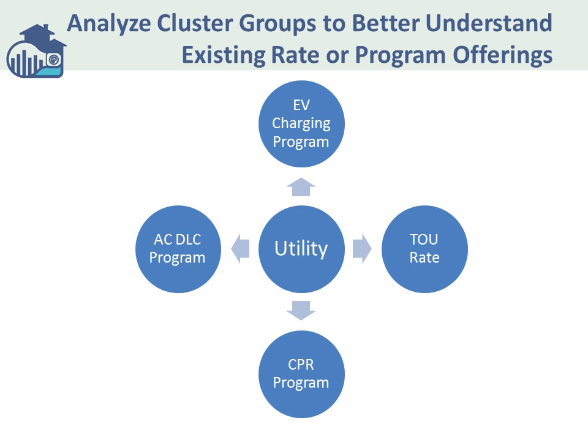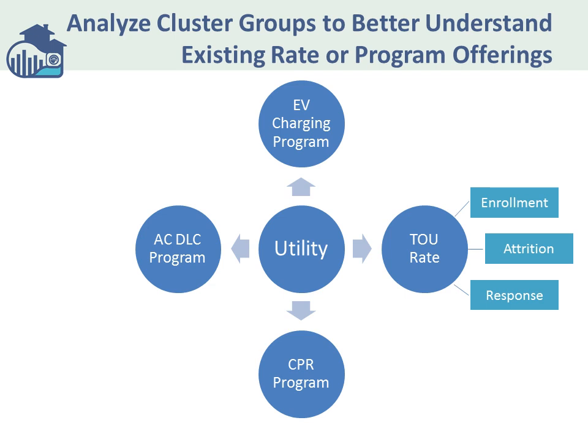So what we should do next is actually field test these assumptions on actual customers who are participating in some existing utility rate or program. Doing so would allow us to better understand how customers in these different groups actually varied in things like their enrollment or their attrition in the program, or even their load response to the offered rate or program. And now with this information in hand, a utility could better understand if some of the defined characteristics that we've identified are highly correlated with high or low enrollment, or appear to support or hinder customer response.